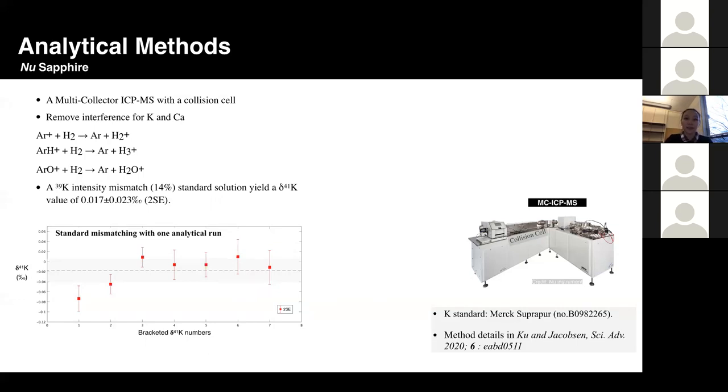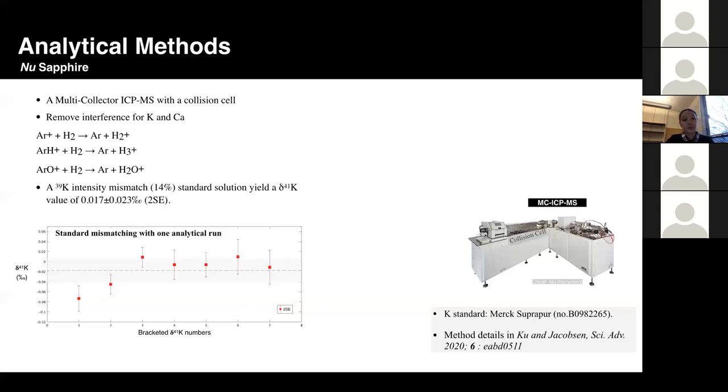With the collision cell, such interference can be removed by charge exchange reaction with hydrogen. So we're able to measure potassium at a higher precision compared to work in the past.